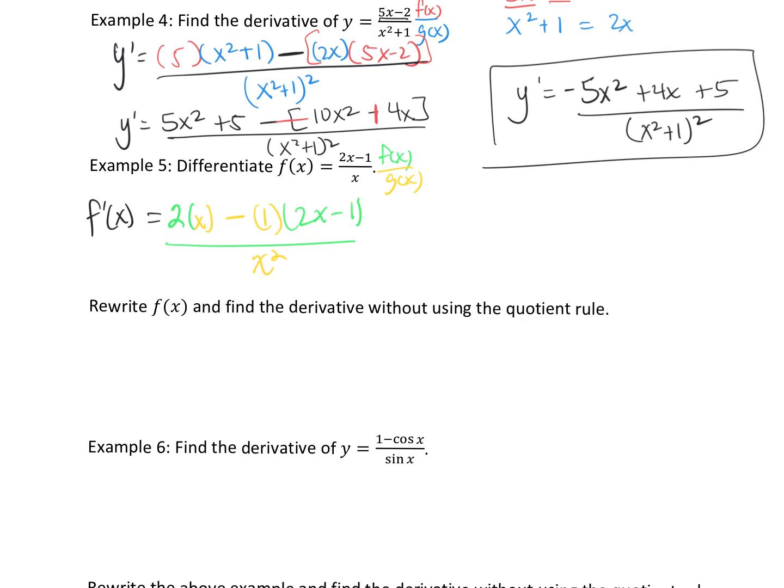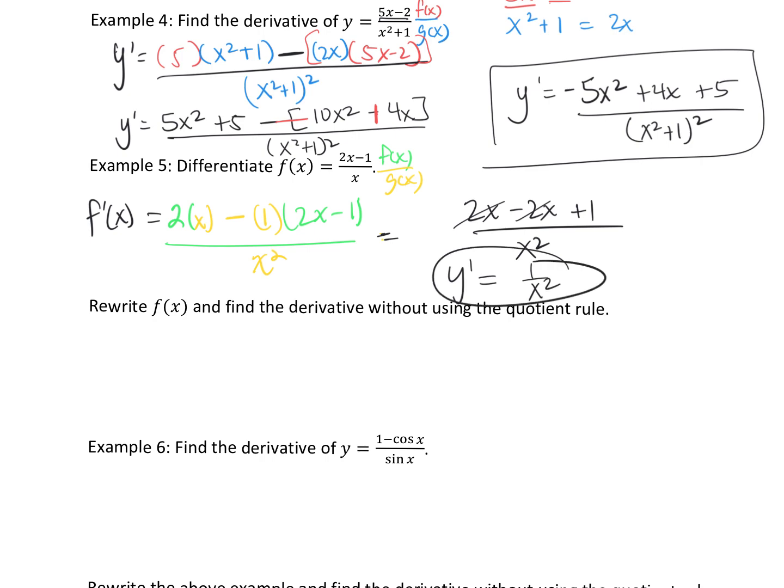Now I'm going to distribute and clean up. Negative 1 times 2x is negative 2x, and negative 1 times negative 1 is positive 1, over x squared. These two cancel, so y prime of x equals 1 over x squared.